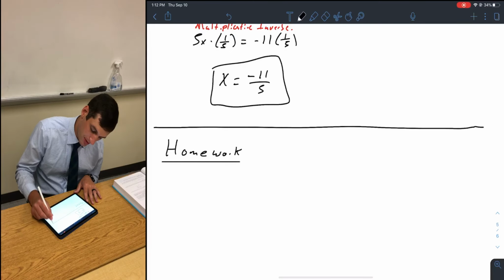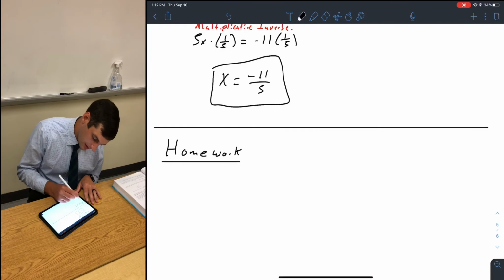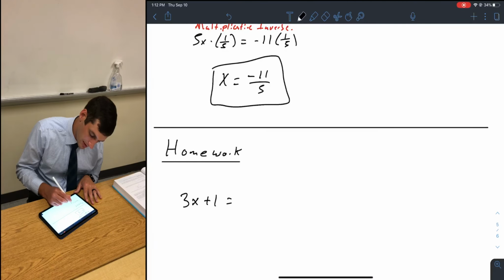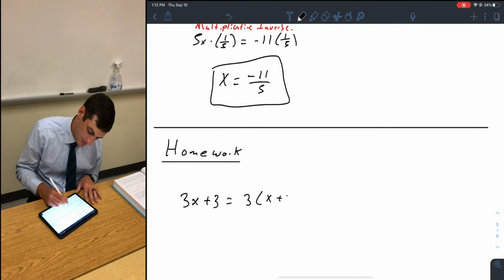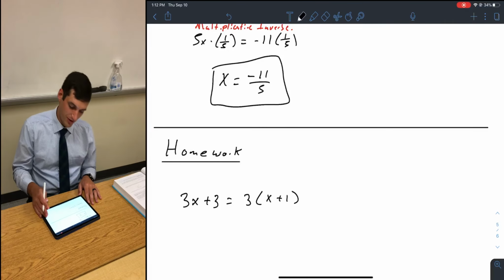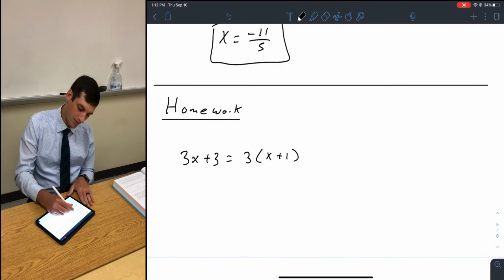I'm also going to separate this, and we're going to do something similar. We're going to do 3x plus 1 is equal to 3 times 3x plus 3.